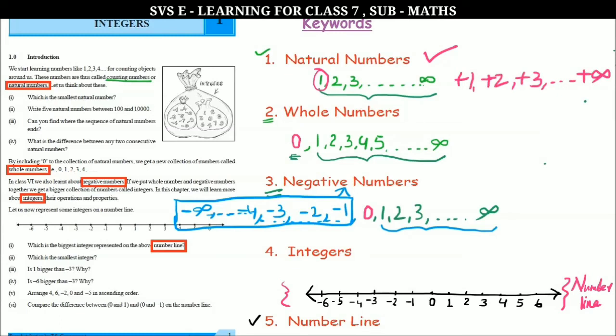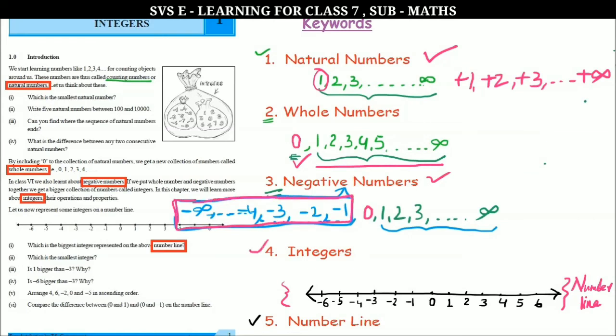Whole numbers start from 0 and include all natural numbers. Negative numbers begin with minus infinity and end at minus 1.